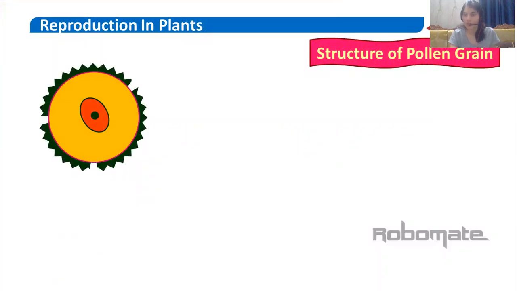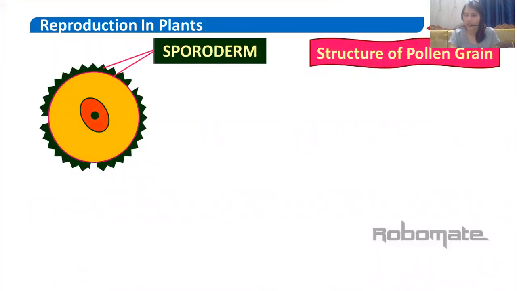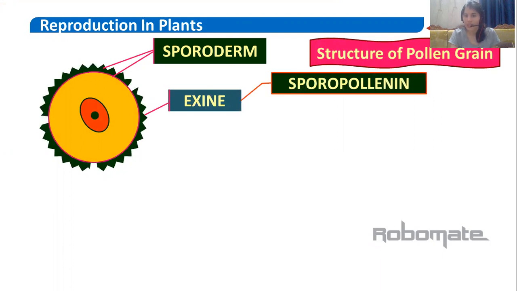Now, the structure of pollen grains we already discussed. This wall is known as the sporoderm. It is made up of two components, and the exine is resistant due to the presence of sporopollenin. But this microspore lacks exine at some places. These rounded structures in the yellow line are the points where exine is not present.